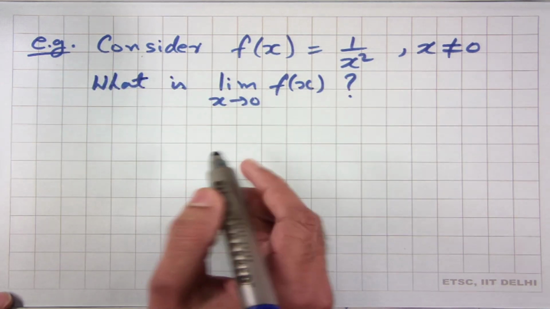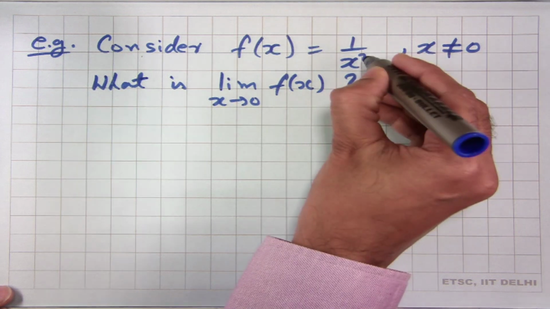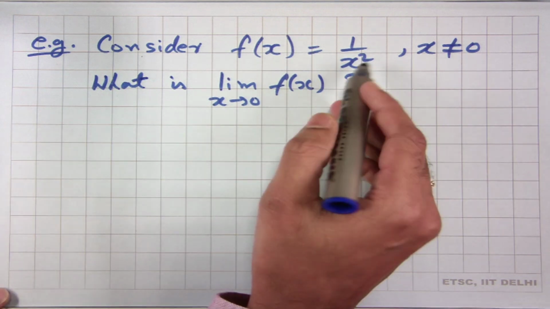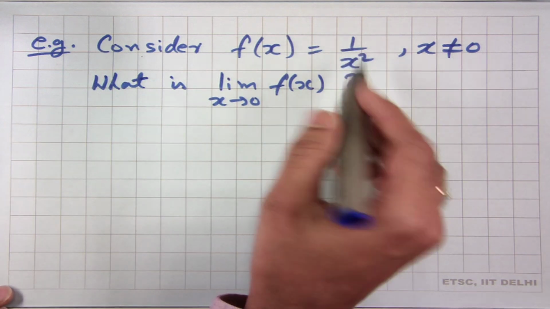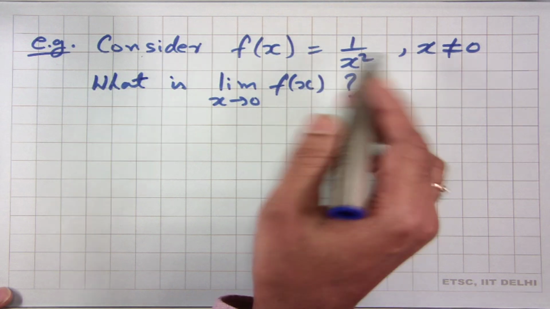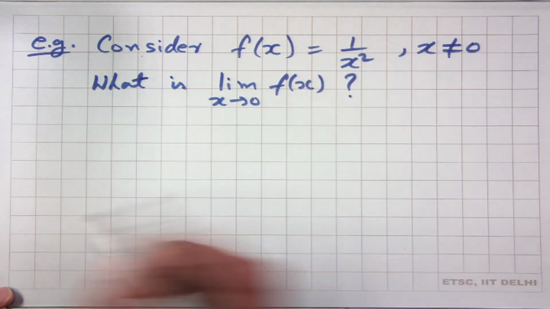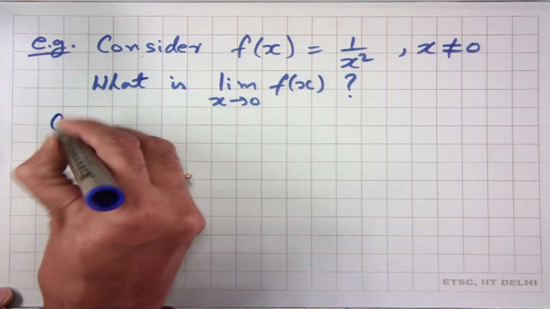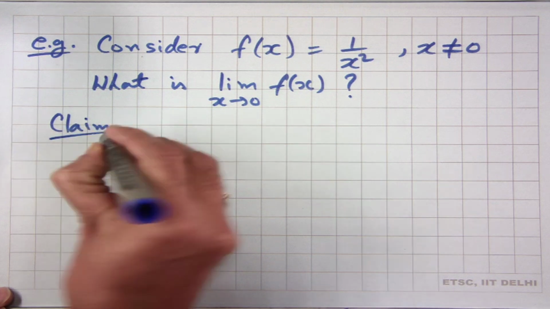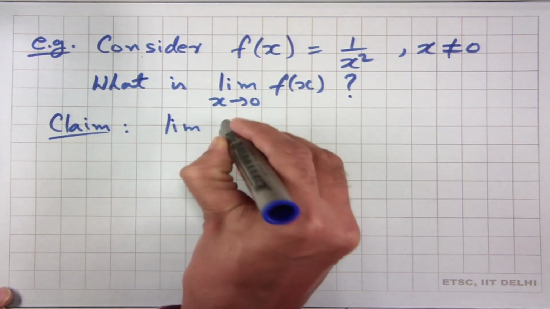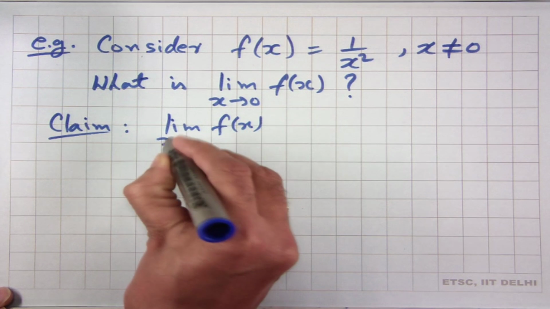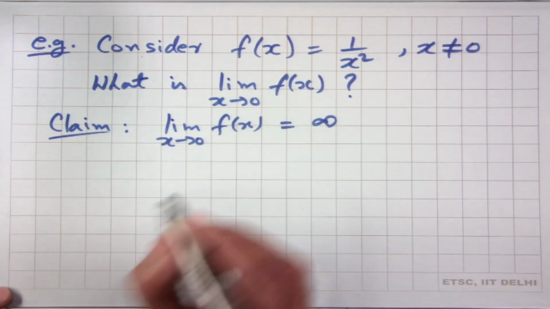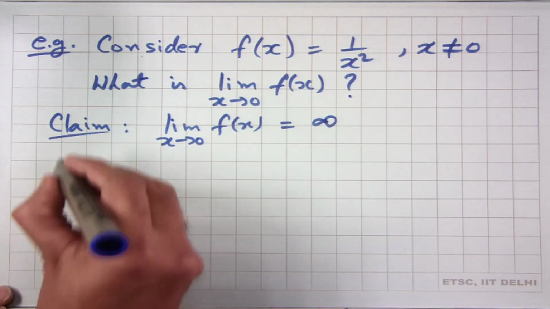What we see is that if I take x to be a very small positive or negative real number, then 1 by x square becomes a large positive real number. So, the claim is that limit of f of x as x approaches 0 is equal to infinity, and we will prove it using our definition.